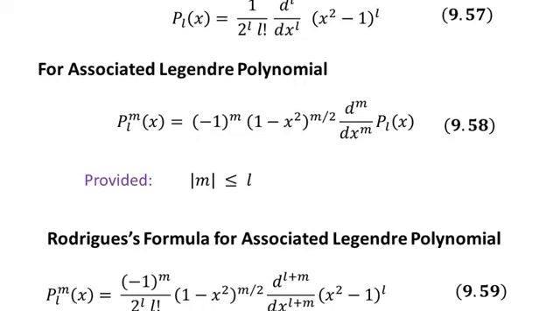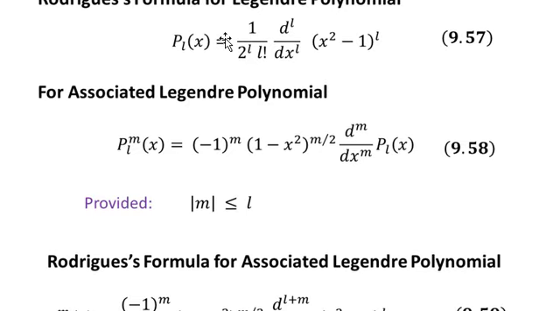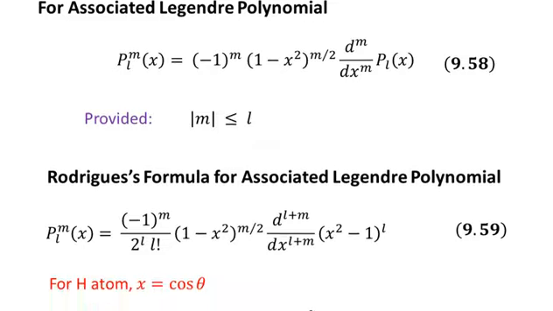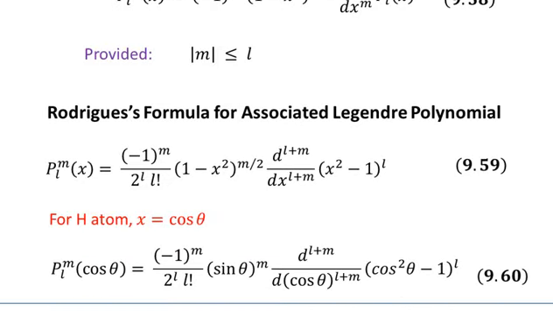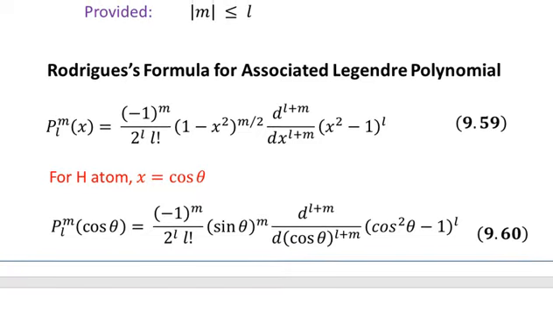But you can substitute the value of PL of x from equation number 57 into PL of x in equation number 58. The full form of the associated Legendre polynomial given by Rodrigues is shown in equation number 59.